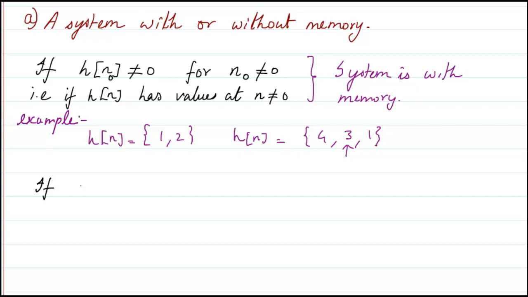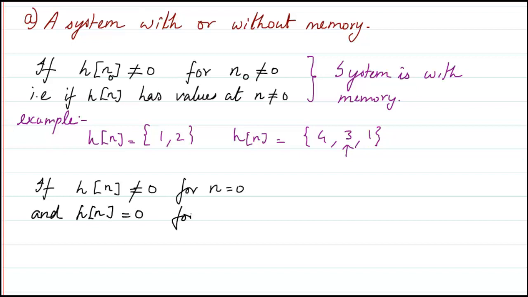If h of n is not equal to 0 for n equal to 0, and h of n is equal to 0 for n not equal to 0, in this case we will say that the system is memoryless.